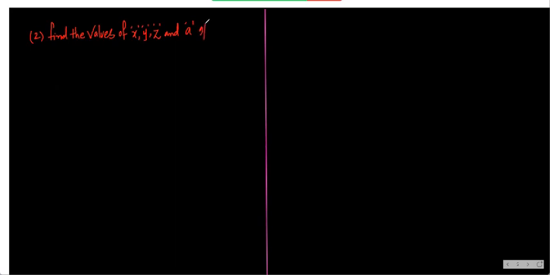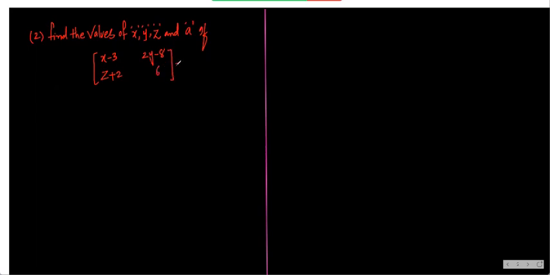A matrix is given here. This matrix is like that: x minus 3, 2y minus 8, here is z plus 2, and here is 6.